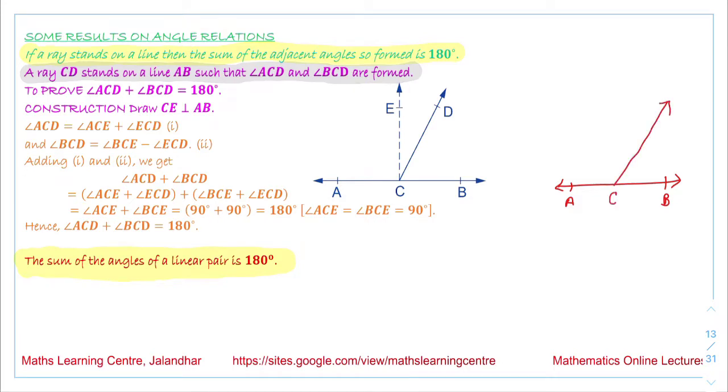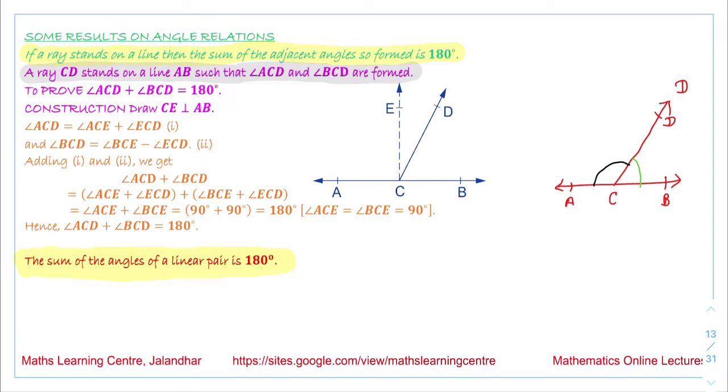This is our ray C, this is D, such that it forms two angles, one is ACD, and the second angle it is forming is BCD. These are the two angles it is making.